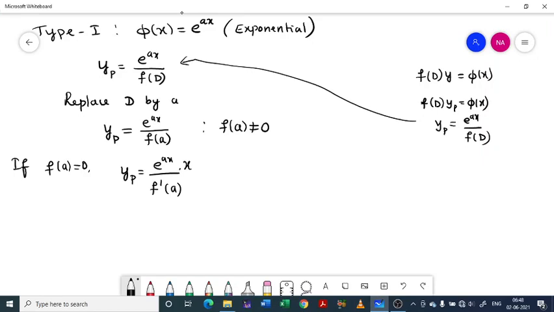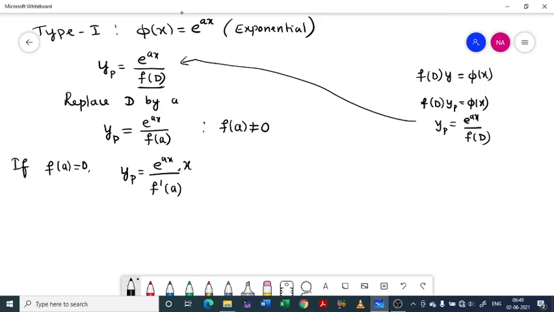Suppose f of a equals 0, then you have to differentiate the denominator, then replace D by a. That will be written in the denominator, and multiply it by x. So x actually represents the repetition of the root in the case of homogeneous equations. Here x is going to represent the same thing in one way.